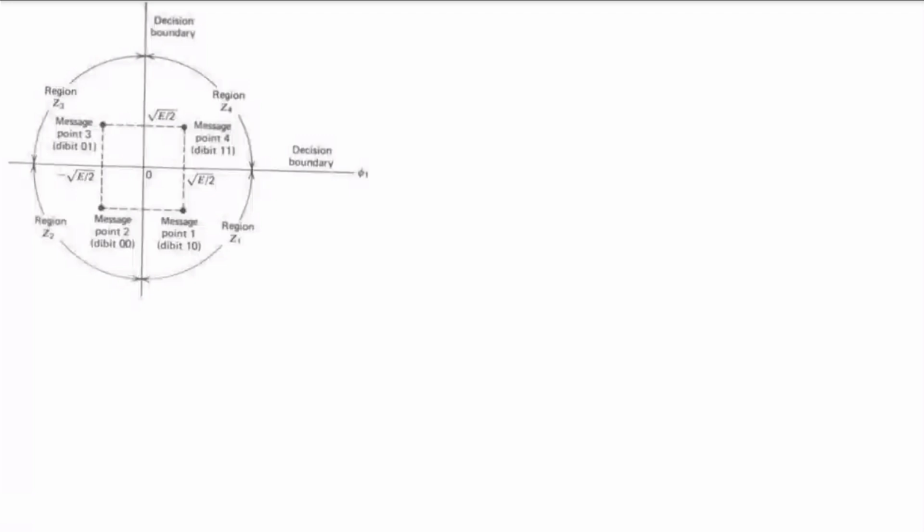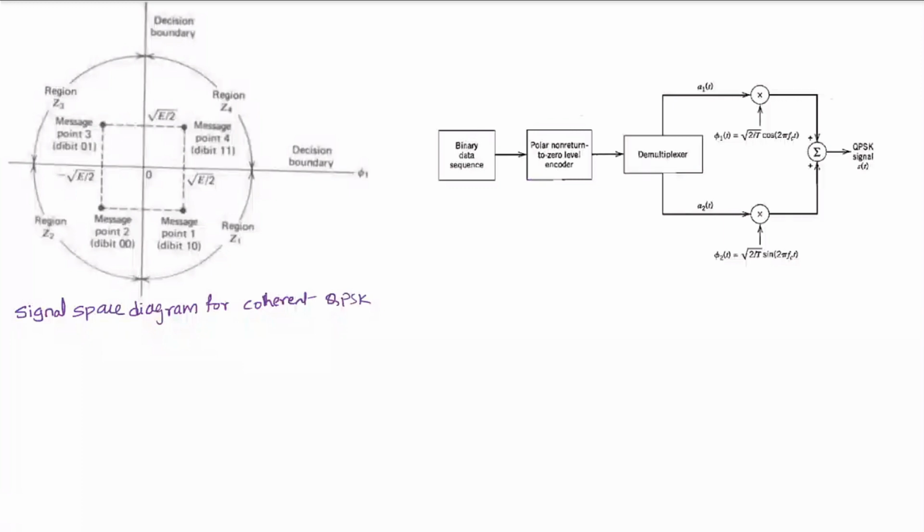Now this capital T is the duration of the symbol. If a binary symbol has duration Tb, the combination of two binary symbols together as a dibit has duration T, so T is 2 times Tb.